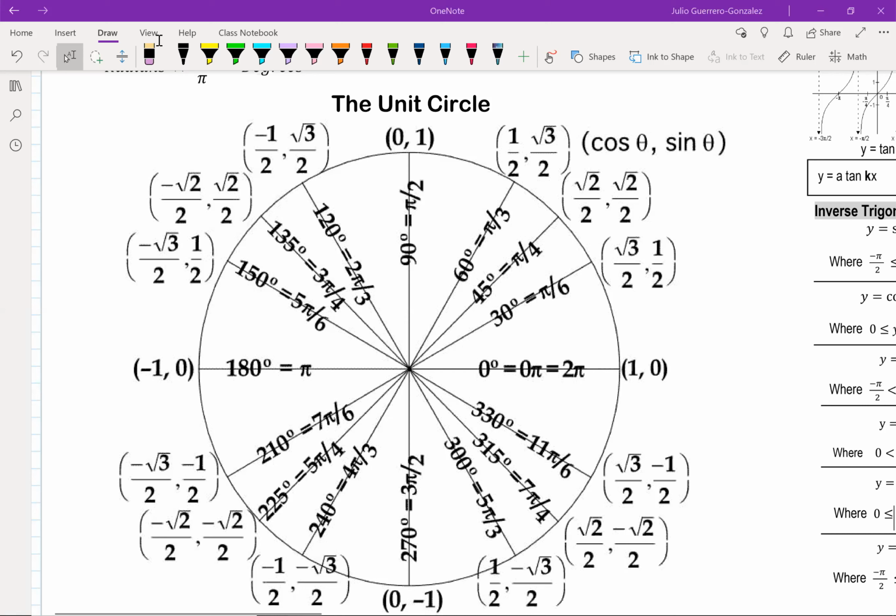No, 13. Okay, 13. Yeah. Make sure you take the time to double check. Double check your answers.